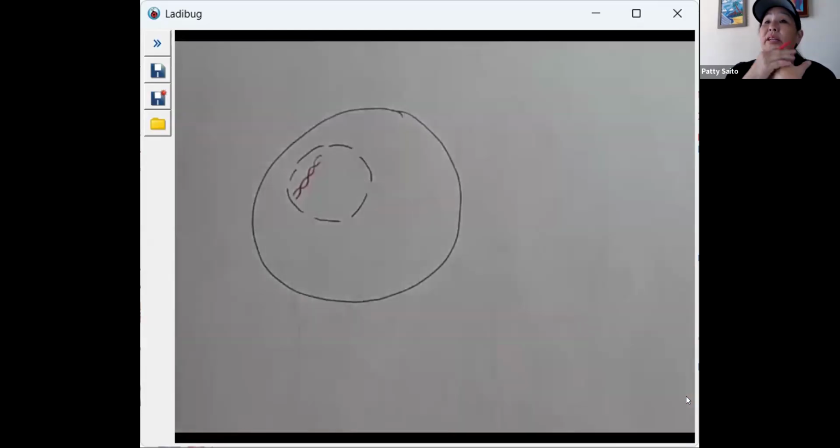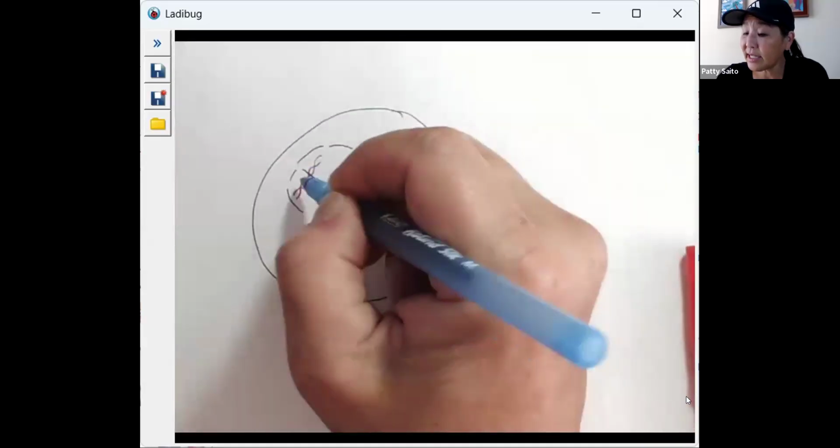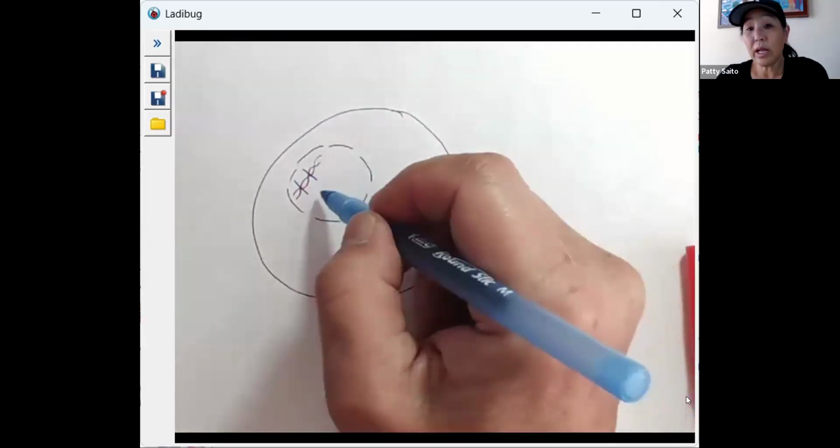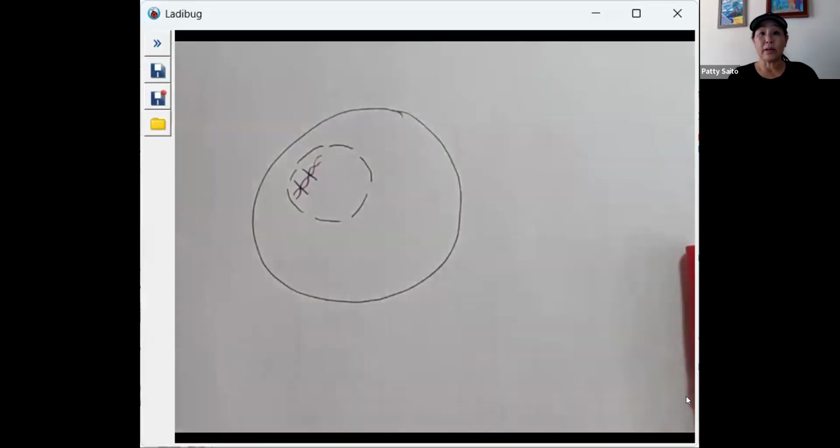So I might have the eye color gene, okay? And so that gene, that specific group of nucleotides will be the blueprint for making one particular protein that, let's say, gives my eye color a certain color, right?